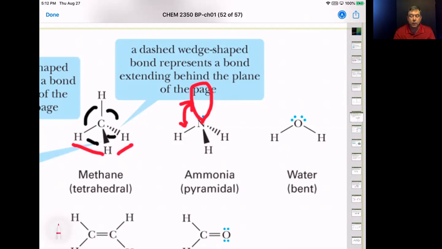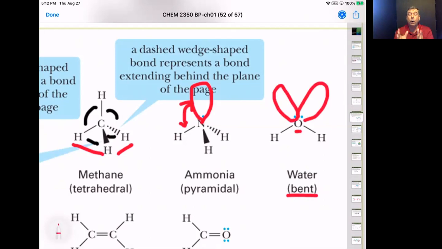Okay, in the case of water, we have oxygen here. It only wants to bond twice, but it still has these 2 big lone pairs up here. So electronically, it still has 4 regions of electrons in space. However, it only has 2 things bonded to it.